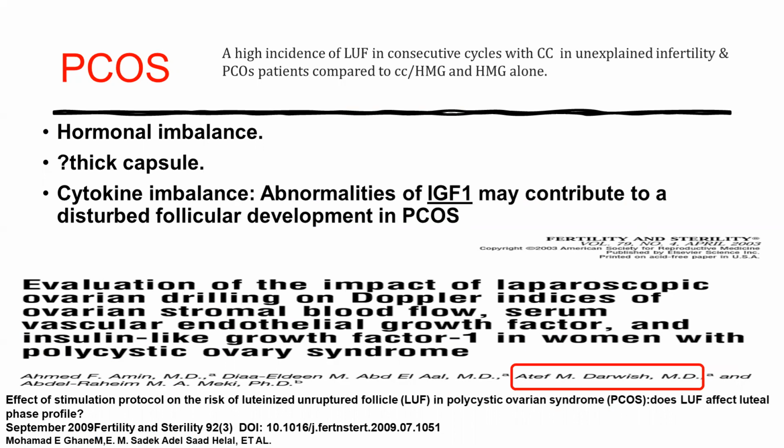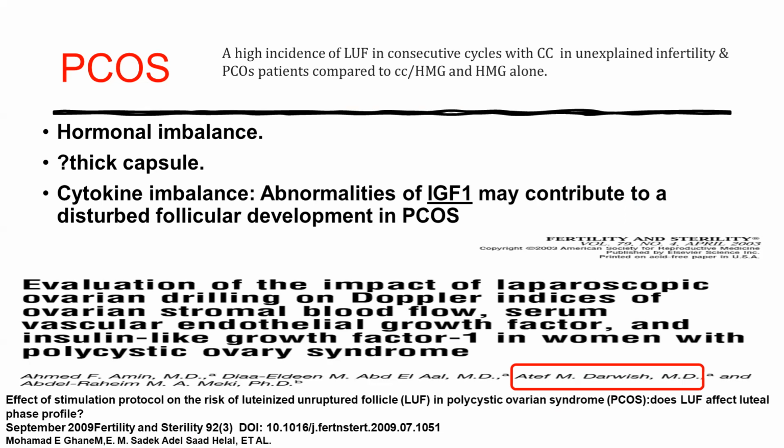And the cause of a high percentage of LUF in PCOS may be due to the hormonal imbalance associated with PCOS, maybe a thick capsule that hinders the rupture of the follicle, or maybe decreased or abnormal cytokine activity in the follicular fluid.